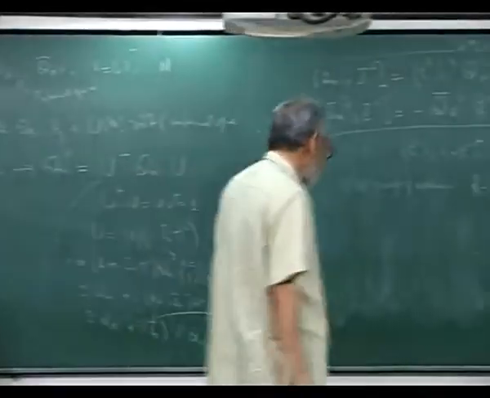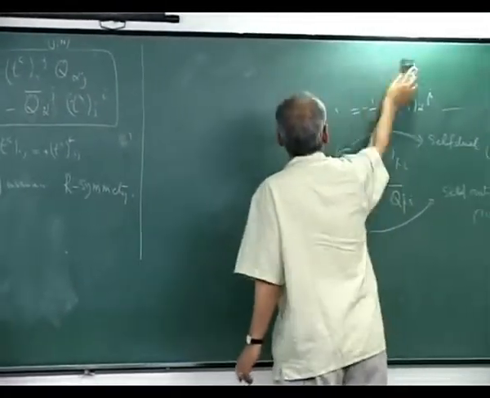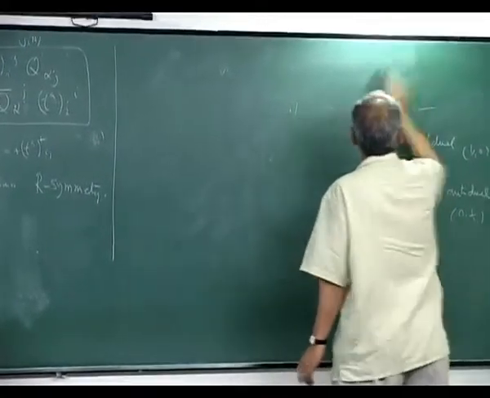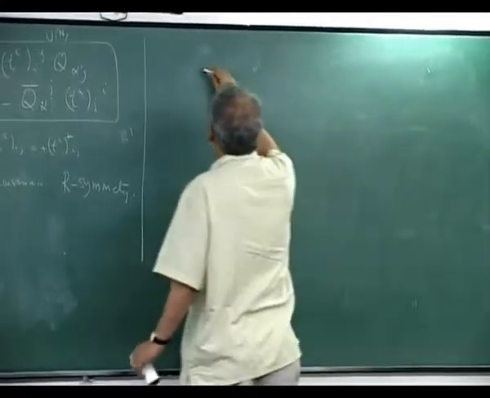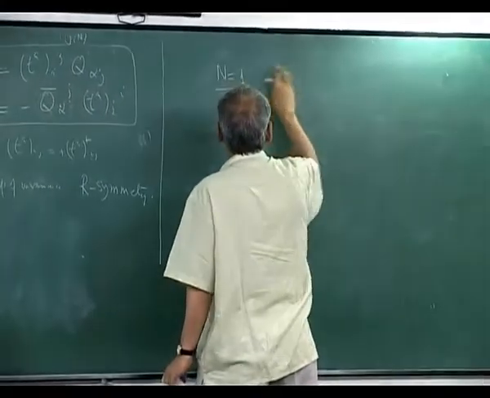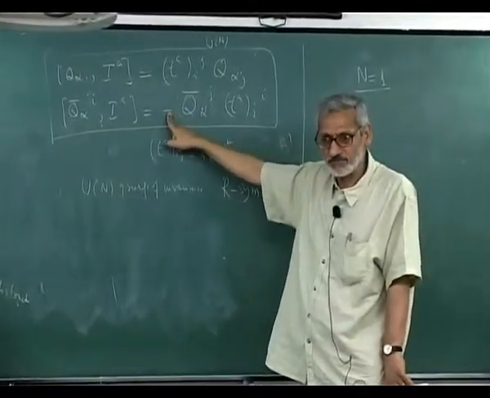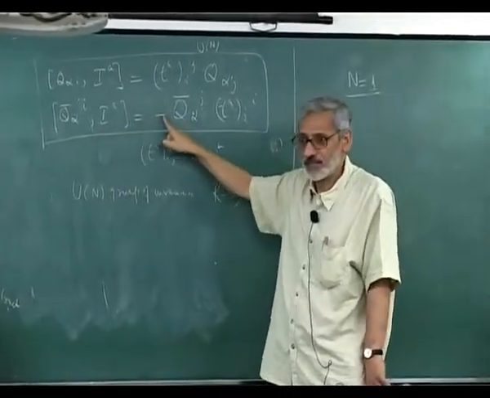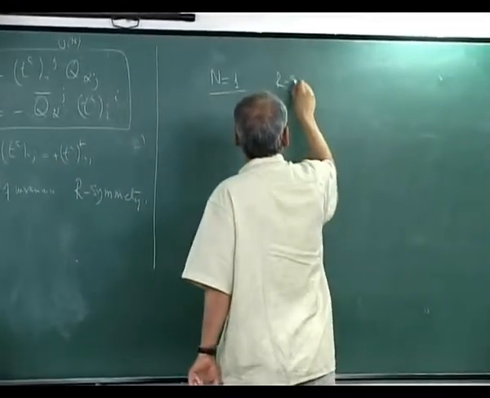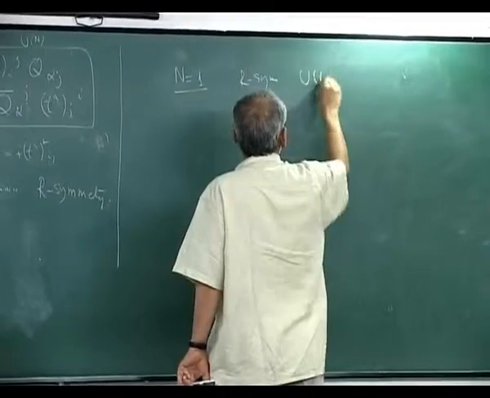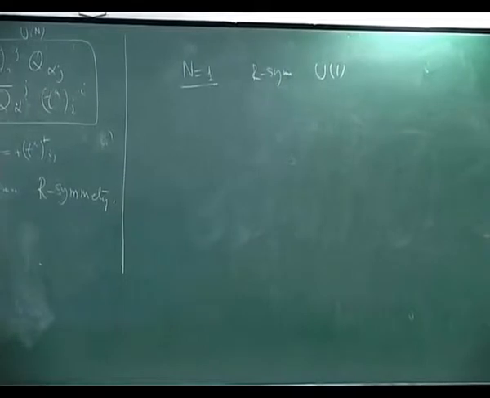Now let's look at n equal to 1. Do this algebra and check this sign. This sign is important for the bar charges. So R symmetry for n equal to 1 is U(1) symmetry, which means just simply phase changes.